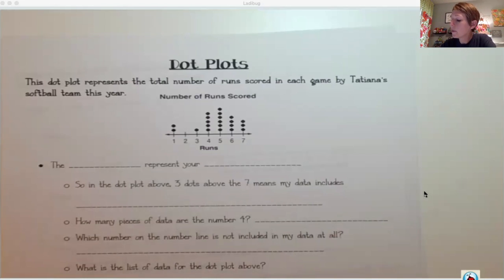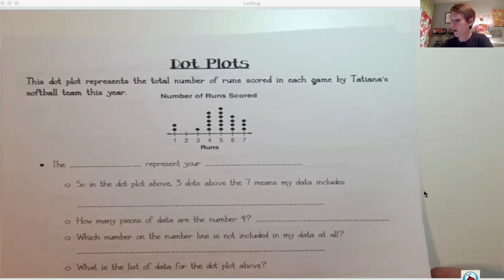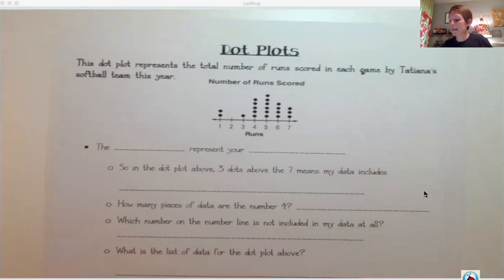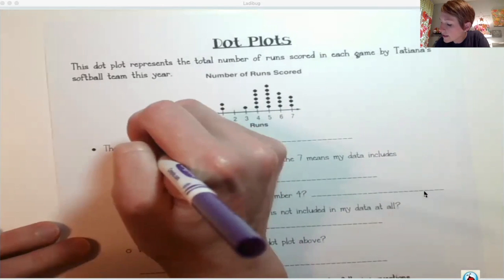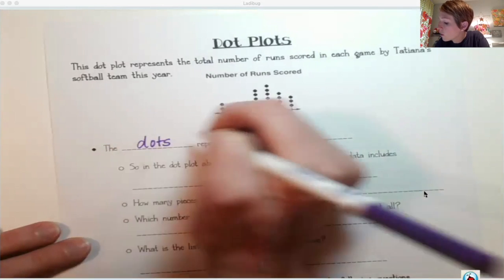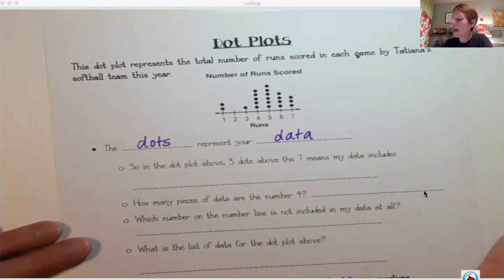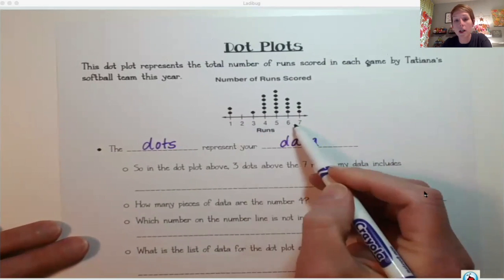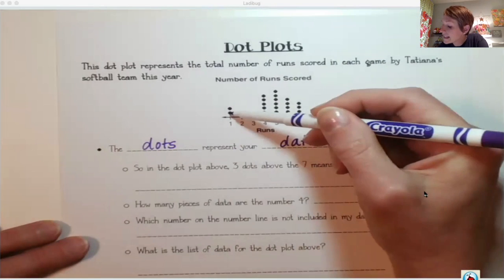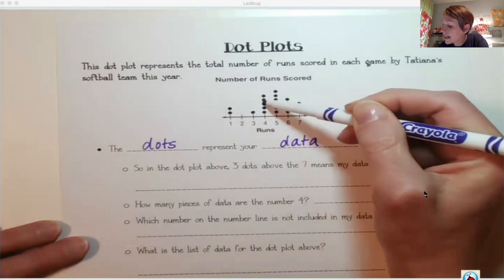Now, a couple of things that are important to understand about dot plots, okay? And the first is this. The dots represent your data, okay? These down here are just numbers on a number line. These dots are my data.